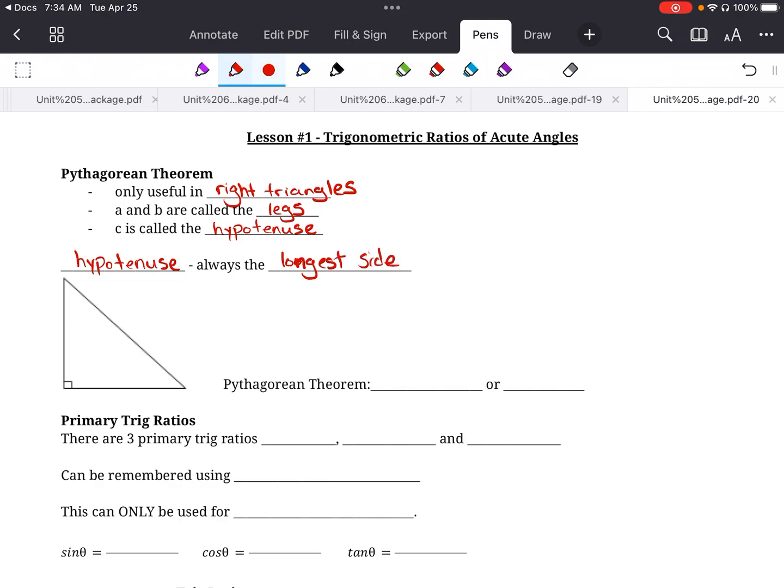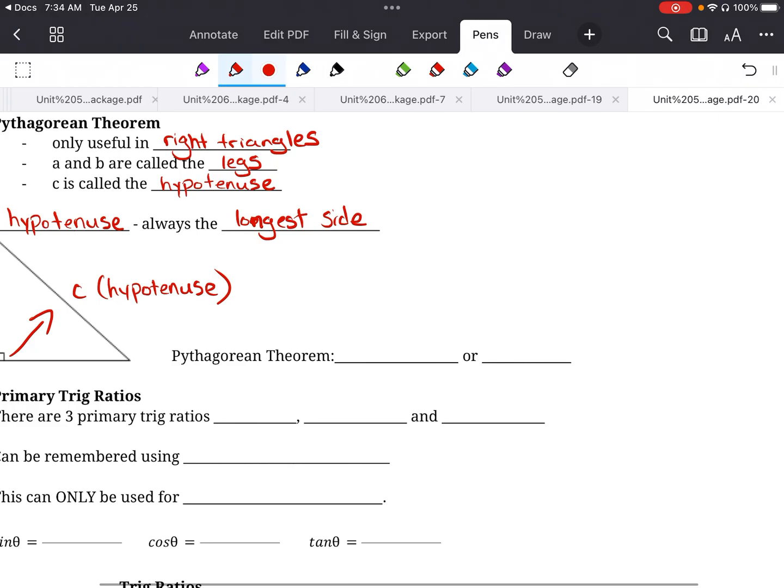It's across from the 90 degree angle. That box represents 90 degrees, so this is the hypotenuse.